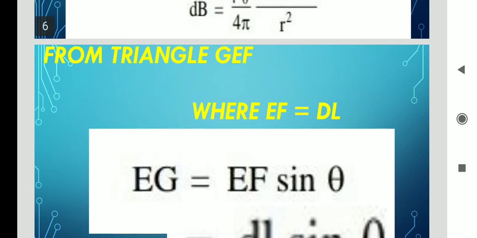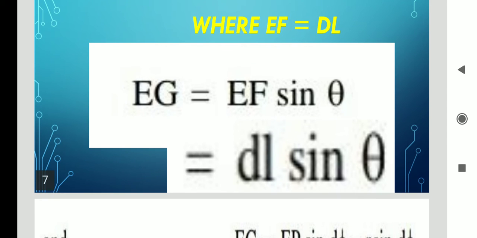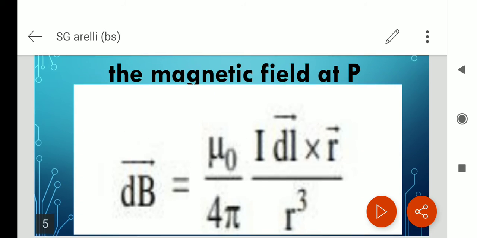From the triangle GEF, we consider EG equal to EF sin theta, where EF equal to DL. See the figure.